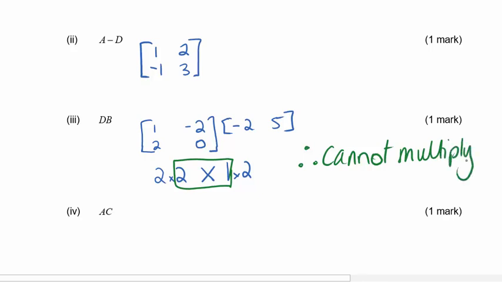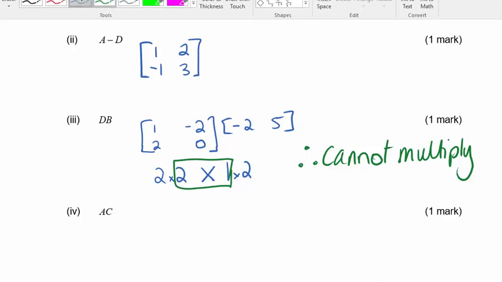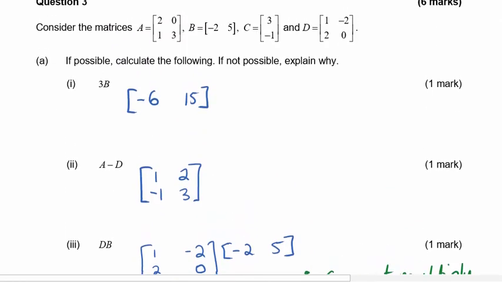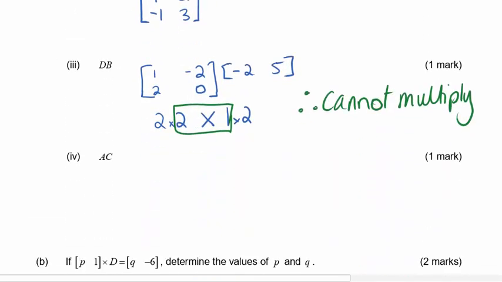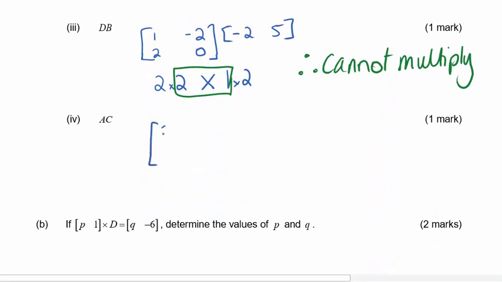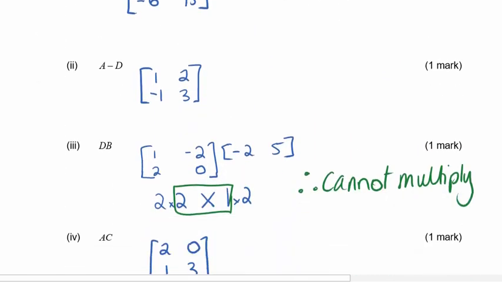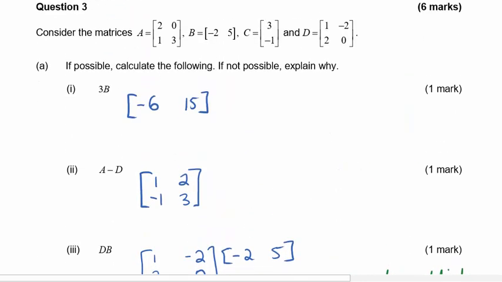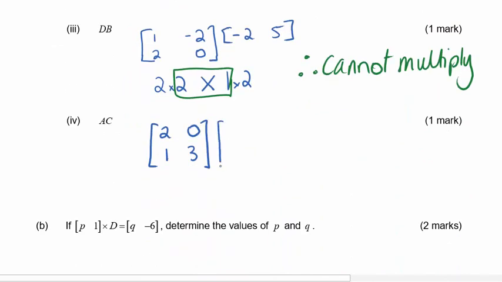Alright, but A times C. A is 2, 0, 1, 3, and C is 3, -1.